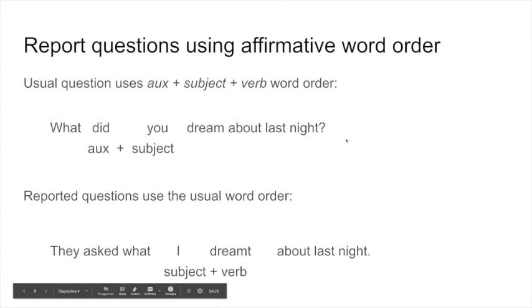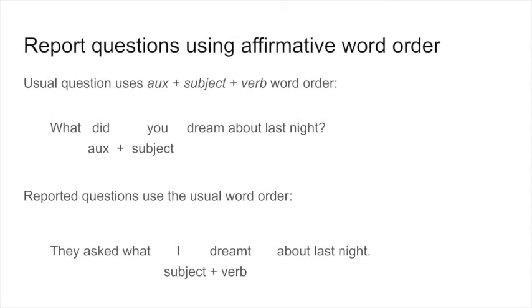Here we have a little tip, something to remember when you're using this grammar. It says report questions using affirmative word order. A usual question uses auxiliary, subject, and verb word order. That's a normal question. Remember, we start questions with the auxiliary before the subject.